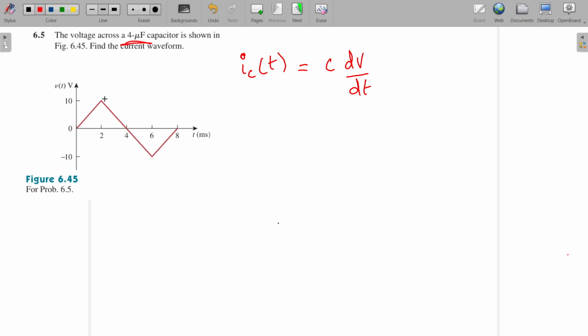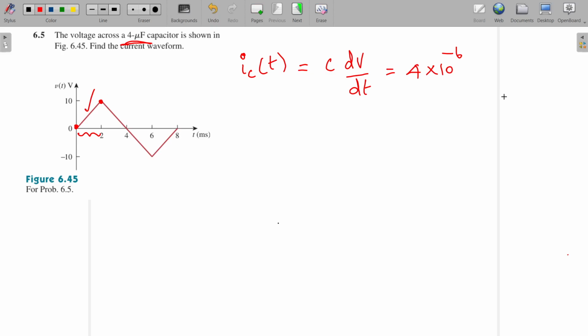So the C value is given here as 4 microfarad. Segment by segment we have to write it. First we'll take the segment from 0 to 10, during the time period 0 to 2 milliseconds. So here it is 4 into 10 power minus 6 times dV/dt, that is the change in voltage to change in time.